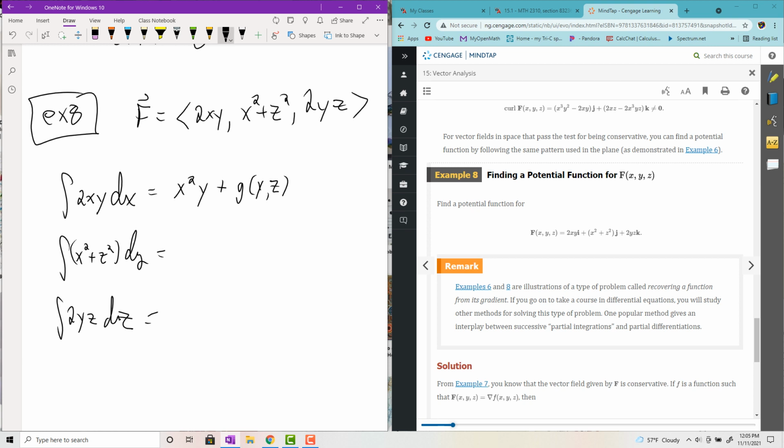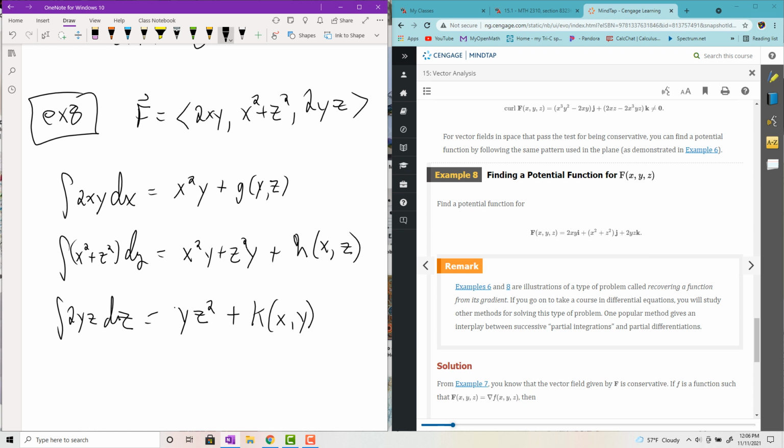When you're integrating with respect to y, you get x squared y plus z squared y plus some function, h of x and z. Then finally this last one with respect to z would be 2y z squared over 2, plus some other function that's dependent on x and y.